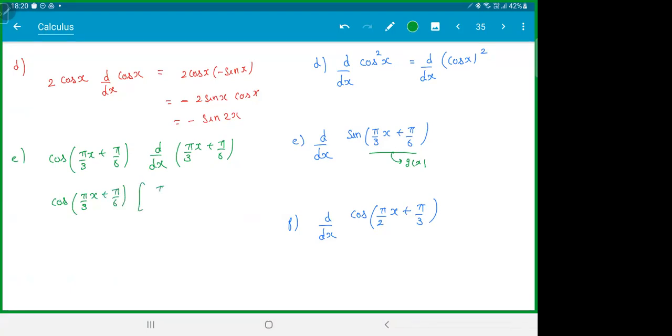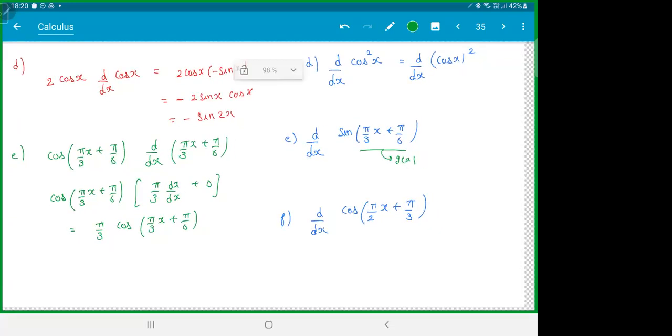So this will be pi by 3 into dx by dx, and the differential of pi by 6 is 0 because it's a constant. So pi by 3 just comes out. This is a pretty common differential, E and F. We will see this in a chapter called waves and SHM a lot. That's E.